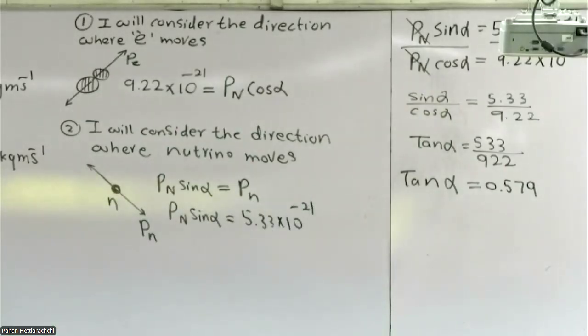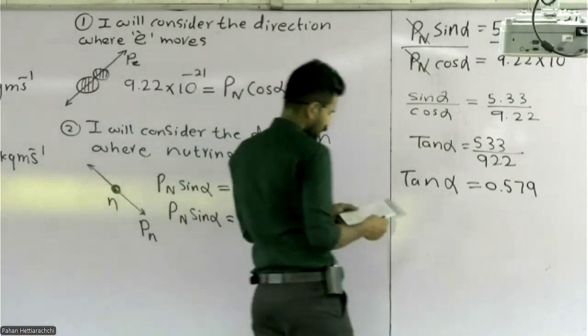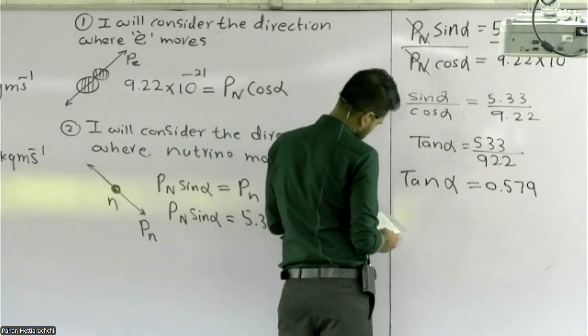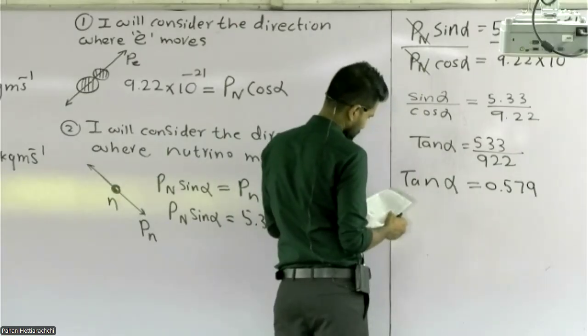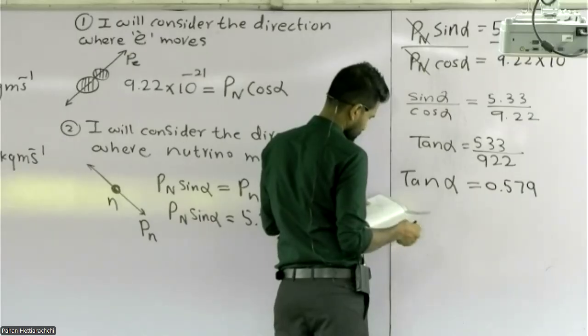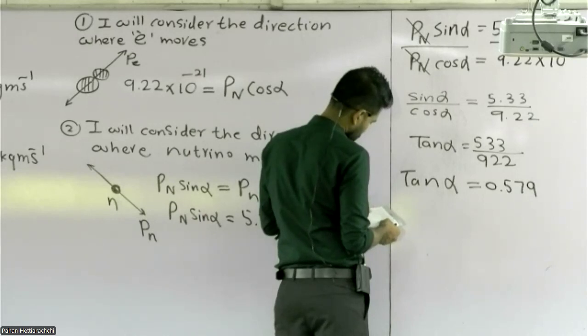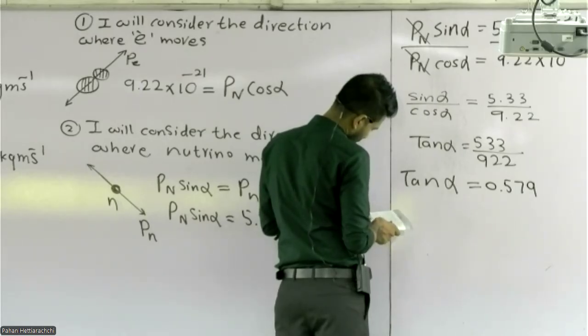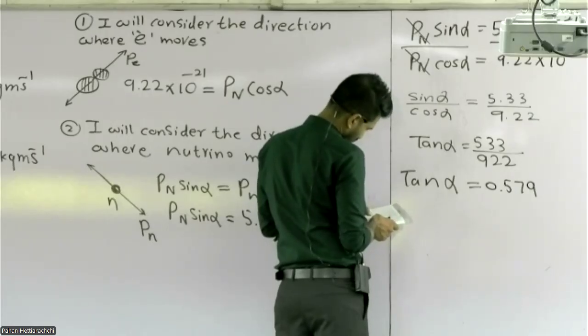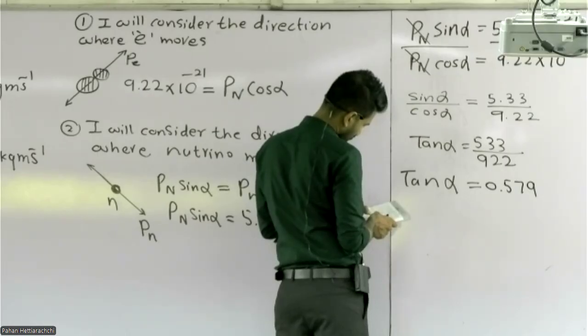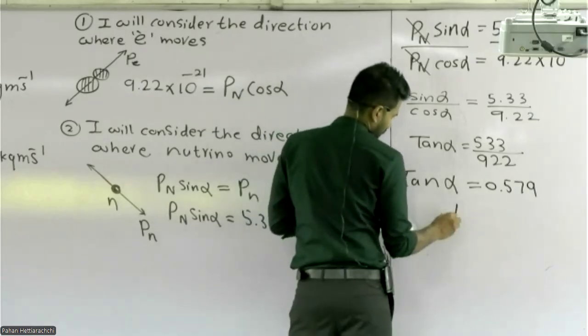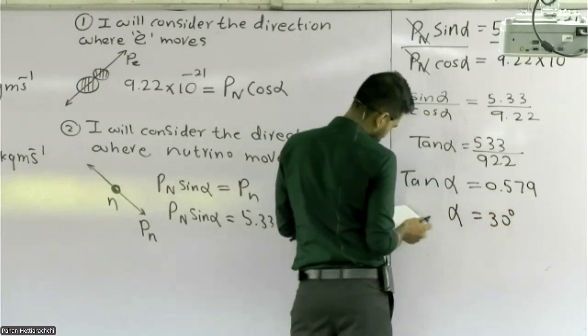In the logbook, I'm going to the tangents and I have to find where 0.579 is. 0.5774. Okay. Alpha is equal to 30 degrees.